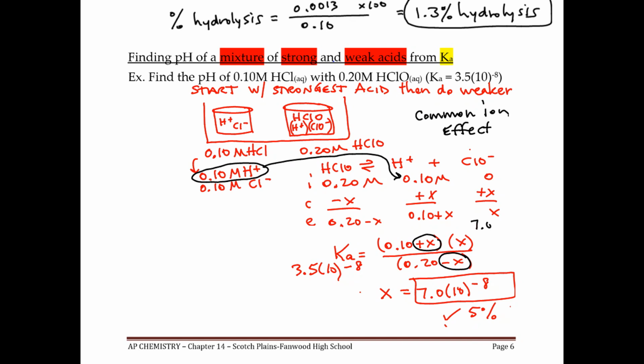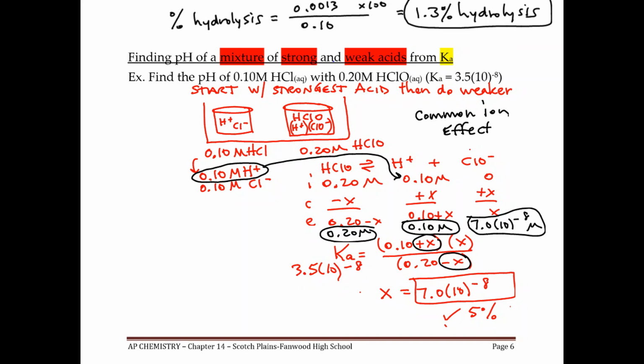So 7.0 times 10 to the minus 8th molar is x. If you try to subtract this from 0.2, it's not going to do anything. So that's going to be 0.2. And if you add it to 0.1, it's not going to do anything. So you could see that these are the final concentrations. If you wanted, you could do a double check and it would work out. If you took this to the first times this to the first over that to the first, you would get the same Ka, 3.5 times 10 to the minus 8th.